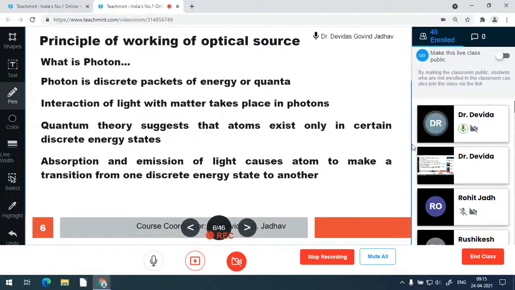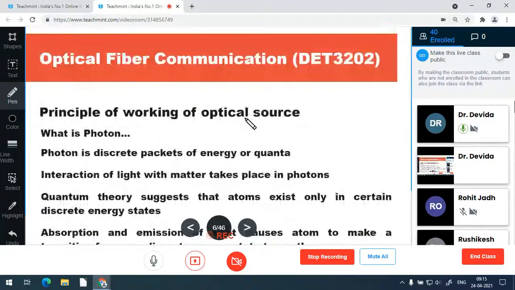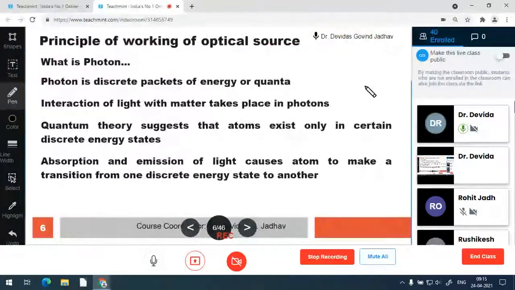Then, the principle of working of optical sources. As we know, optical energy is made up of small energy bundles called photons. Photon energy is E equals h times f, or hc upon lambda.